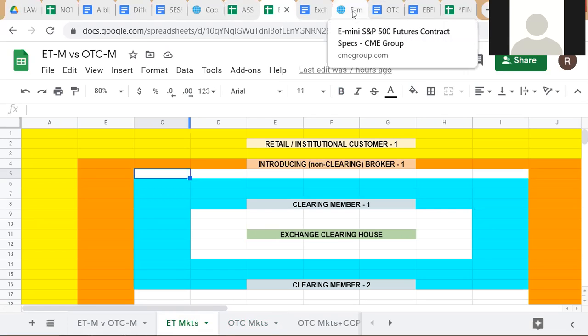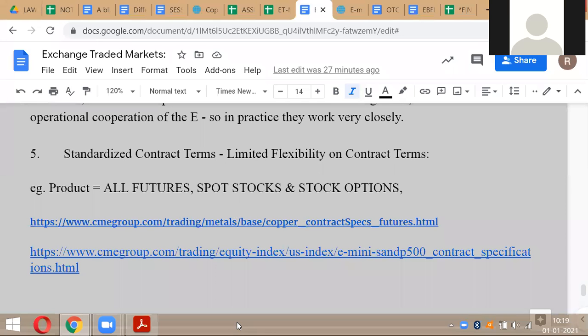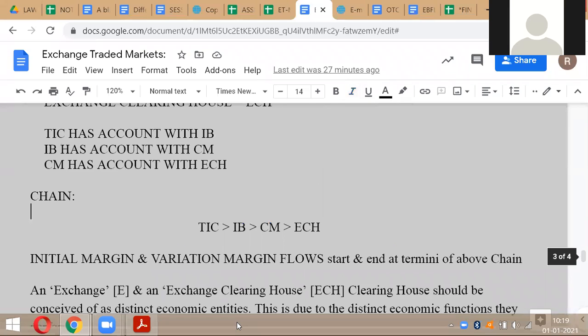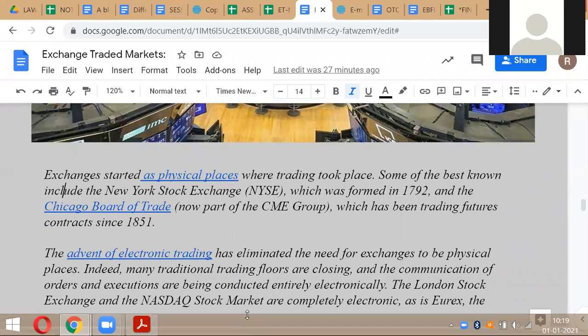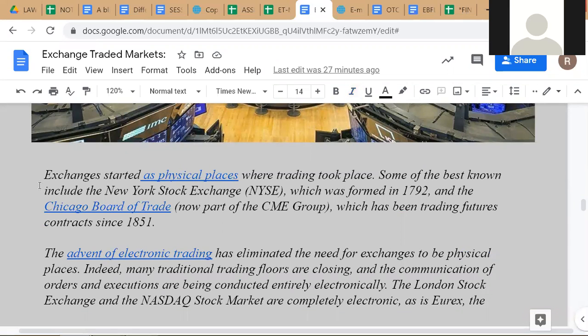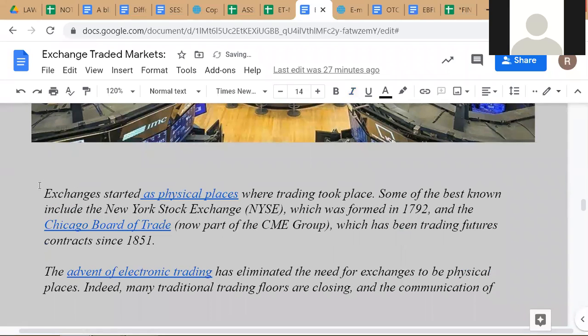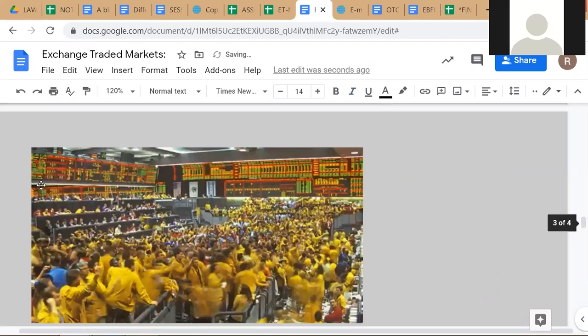It's a nice picture. So under exchange traded markets, since you've got this nice picture of the NYSE trading floor, let me put another picture here of the CME trading floor. This is probably the S&P 500 pit.